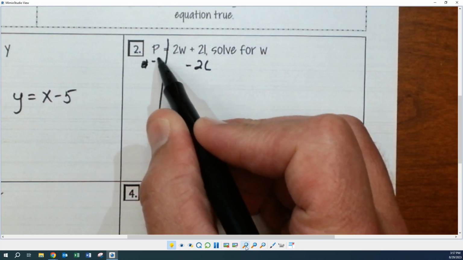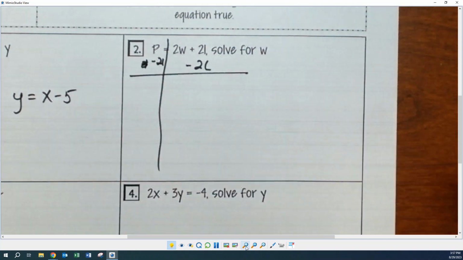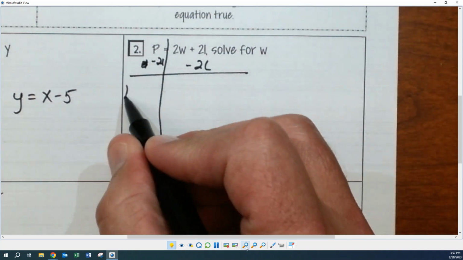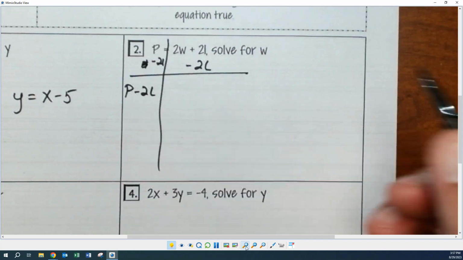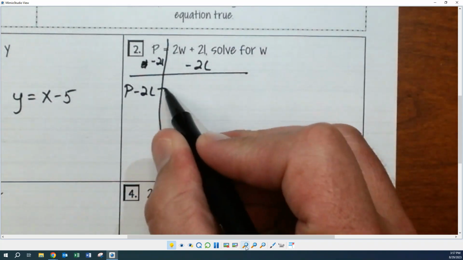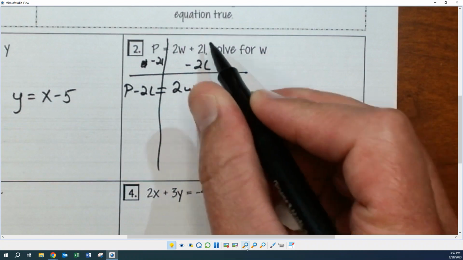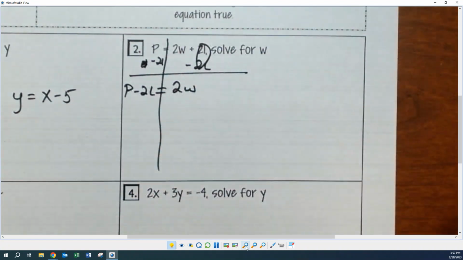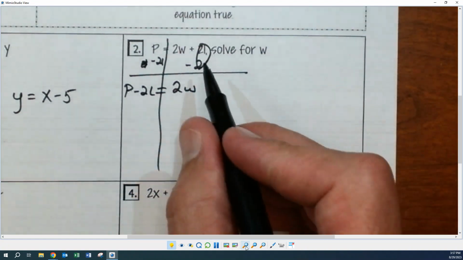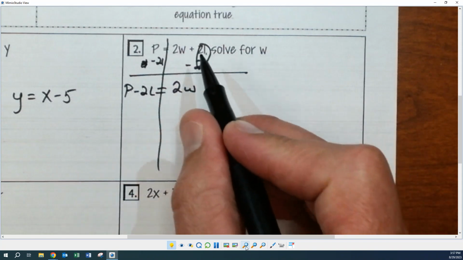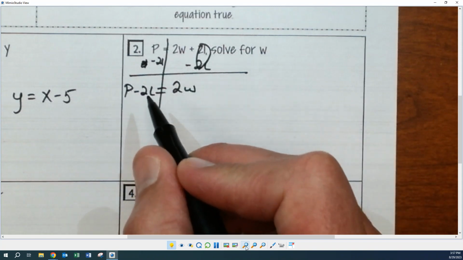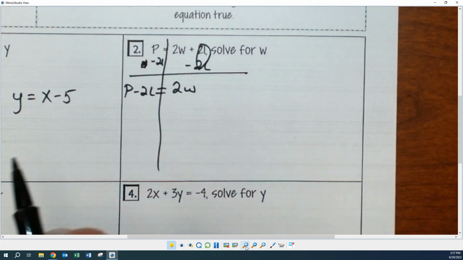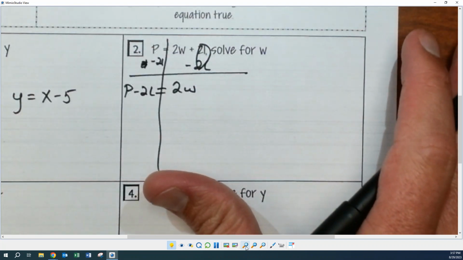Oops, that should be subtract, sorry. P minus 2L equals 2W, because this zeroes out and goes away. I moved it over here. Change sides, change signs.